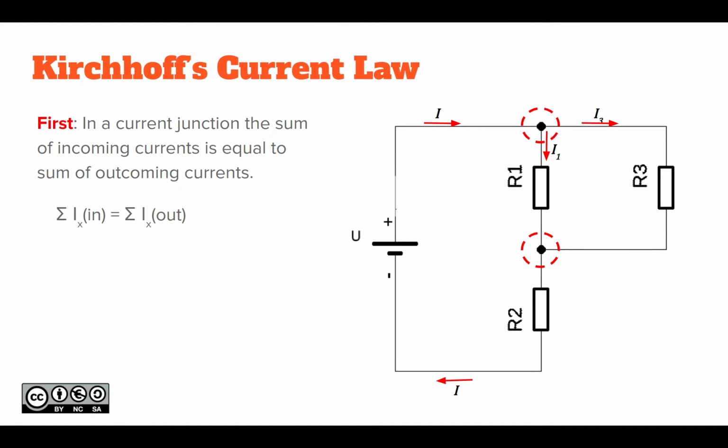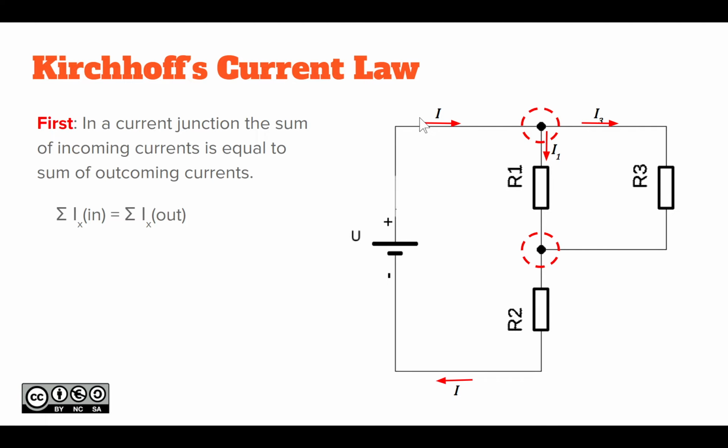There it basically states that the current doesn't disappear. So if we have a current junction like this one here, the red circle, there are these conductor wires that are connected together.